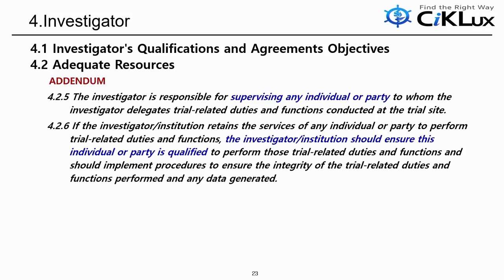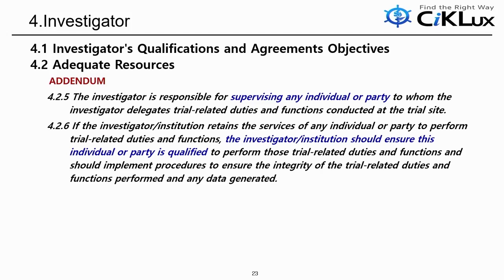And next one is the investigator. In Korea in 2016, as I said, the Korean GCP had some revisions regarding the investigator, like allowing the utilization of SMOs, and that brought about a lot of changes. But in the ICH GCP, there was no such addition. But here you can see the investigator is responsible for the activities and duties conducted for the trial, although those functions or duties are conducted by a third party hired or entrusted by the investigator.